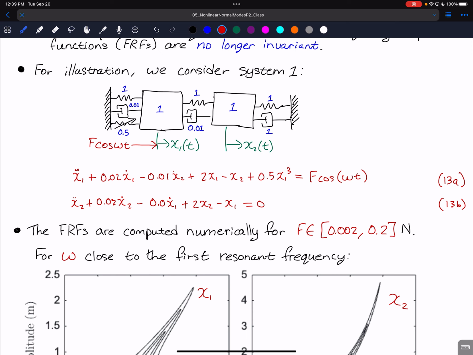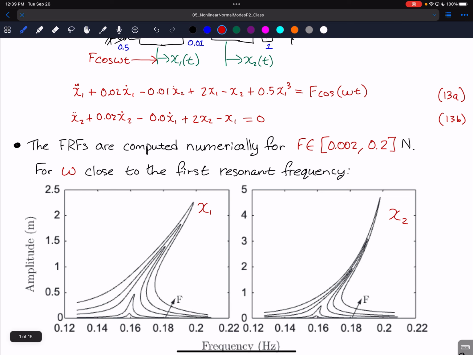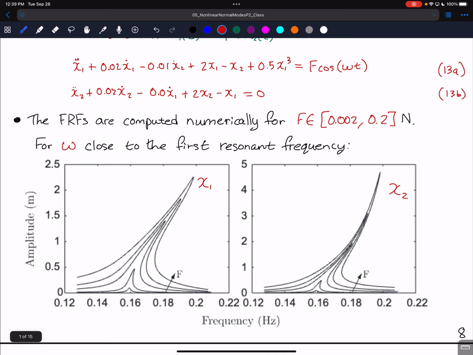All right, so if we go ahead and compute the FRFs, in this case done numerically, what you end up with is curves that look like this, one for x1, one for x2. This is for omega close to the first resonant frequency, and effectively we have increasing force going in that direction.